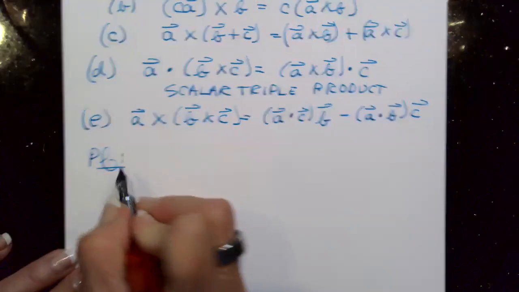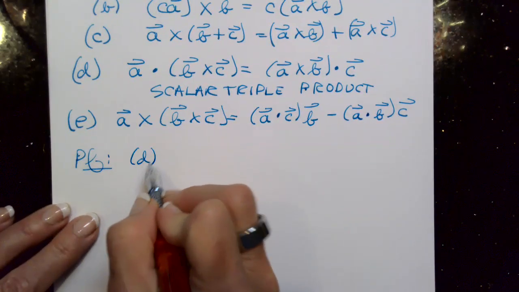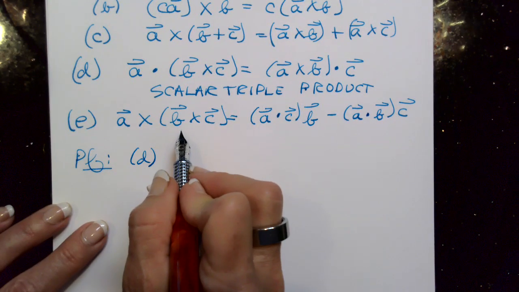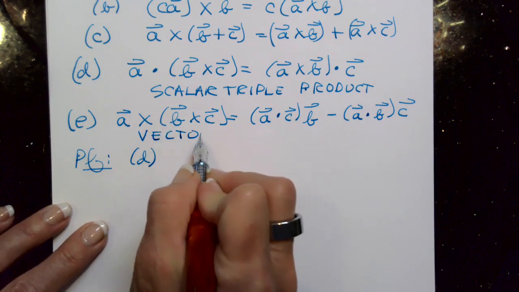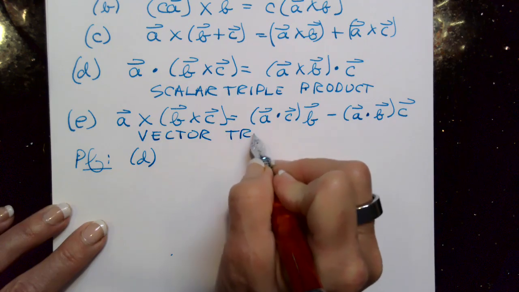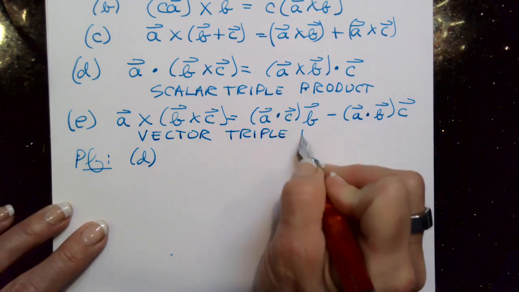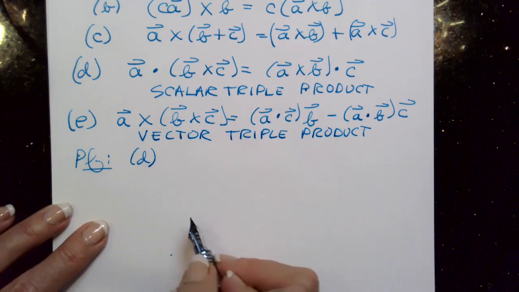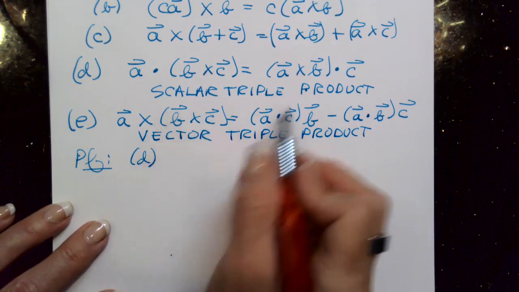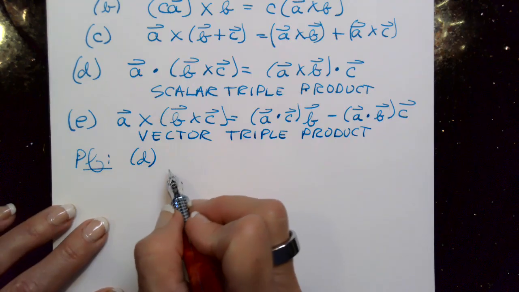This one, I believe, is proven. The last one, the vector triple product, which I didn't even write down, is proven in the book. It's pretty messy. But to look at the scalar triple product, that's not too bad.